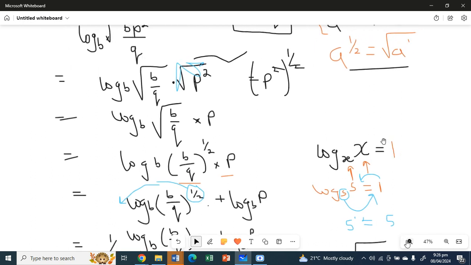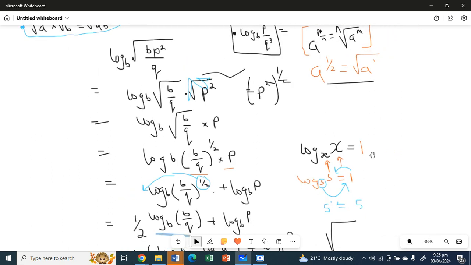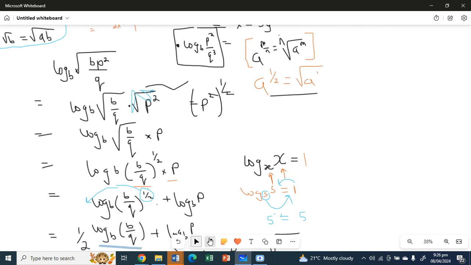Let me just give the final question, then we call it a night. It's the same format. You have log square root of b p squared over q cubed. Can we try this one here?